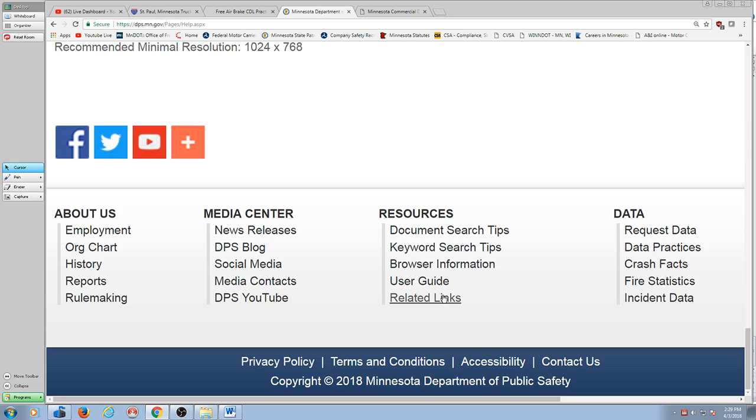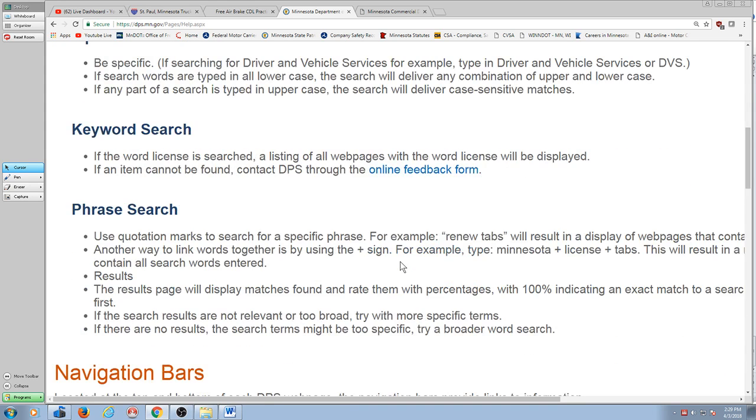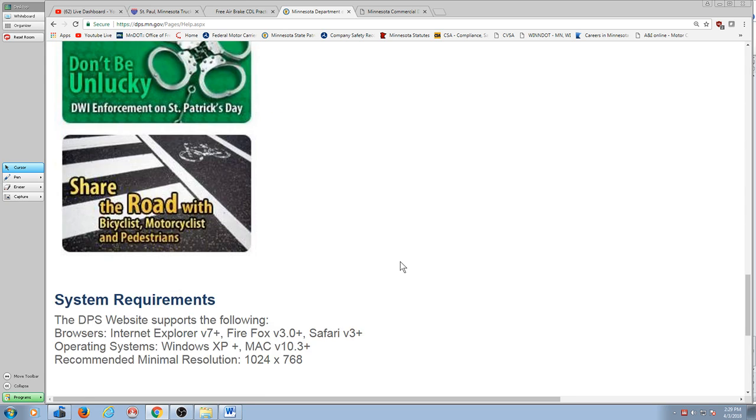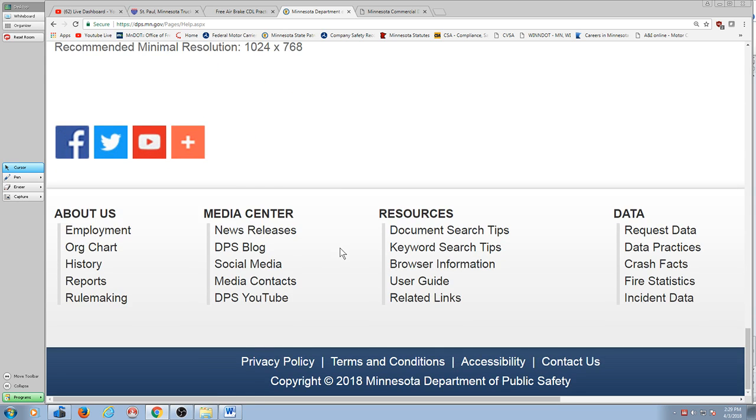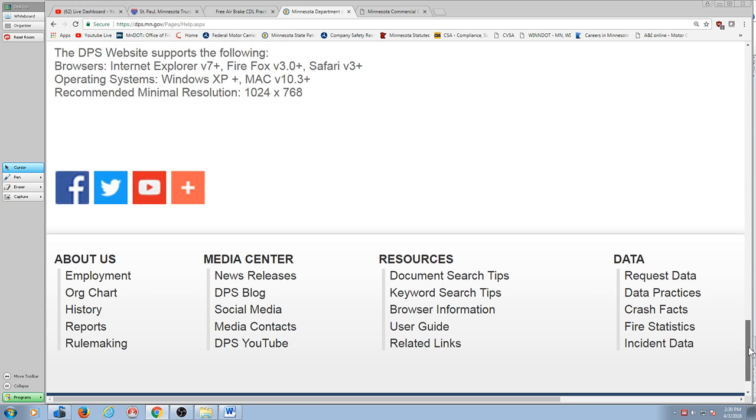To websites with related information, browser information, keyword search. I think it's user guide. What the hell? It's not supposed to be this hard to get to. Thank you for teaching. Yeah, I'm not Bill, so I don't know everything on this stuff.